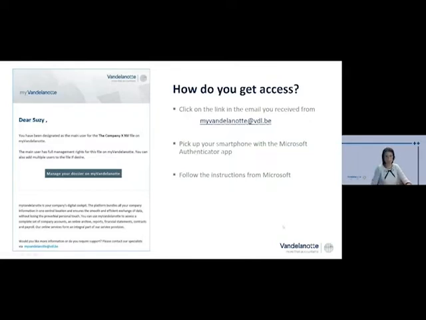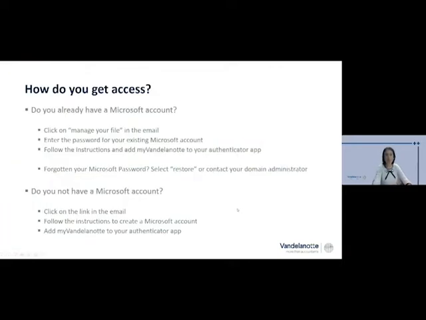You also need your smartphone, because for security reasons, we work with a two-step verification access. So the link on which you will click will guide you to an onboarding process to access our platform. We have chosen to secure this access via Microsoft, so you will need a Microsoft account.